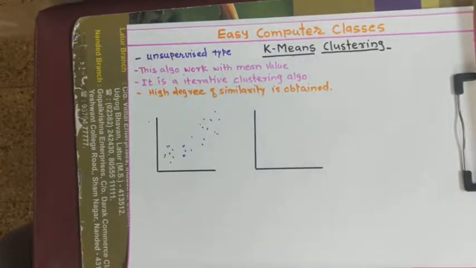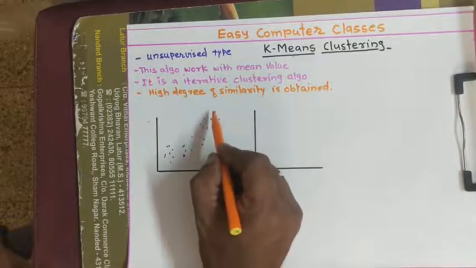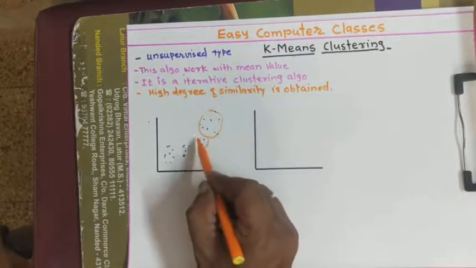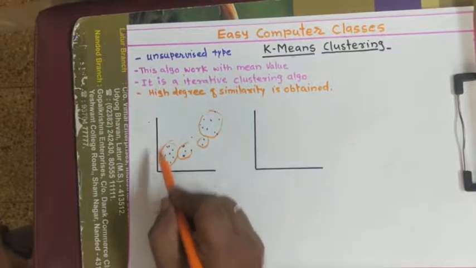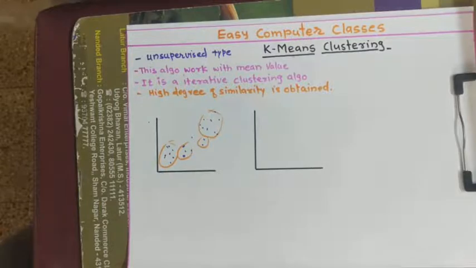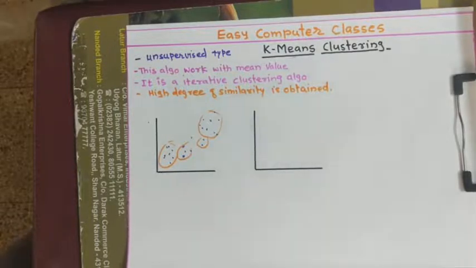It is difficult to define the cluster size or number of clusters. We can have this cluster, this cluster, this cluster, or this cluster. It is somewhat difficult because no guidance is given about the number of clusters. So we can use the concept of user defined clusters.